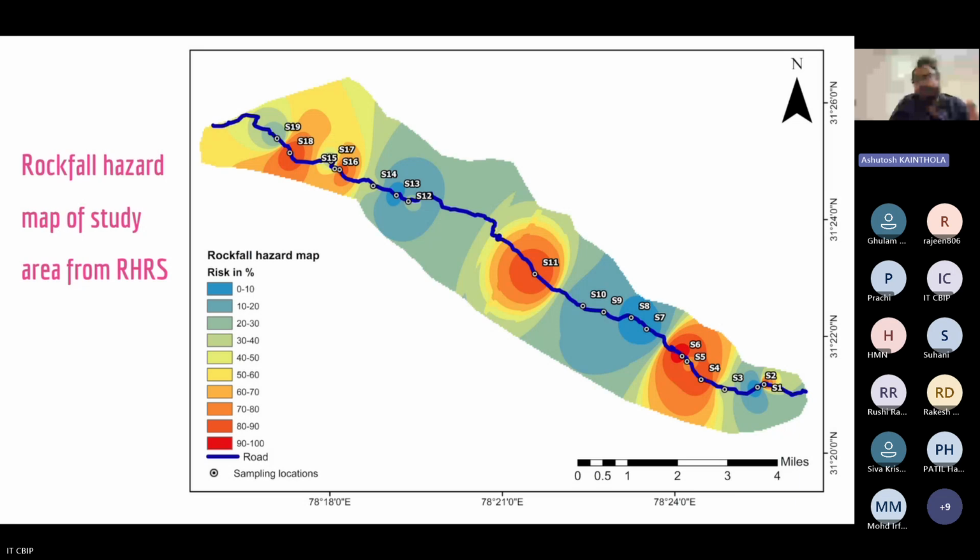However, the actual values vary from what the actual hazard rating was. As you can see, the maximum hazard is posed near Raksham, near Batseri, and in a vicinity where the rockfall events were persistent near Chitkul. Next, please.